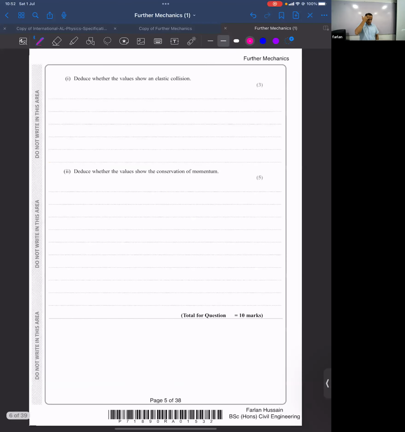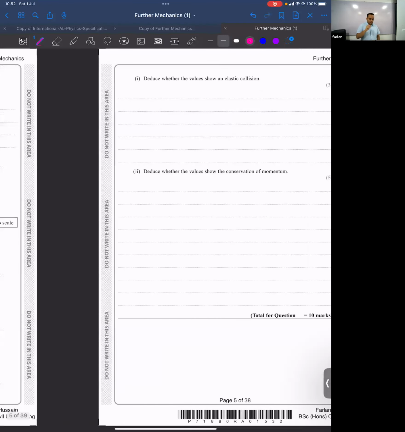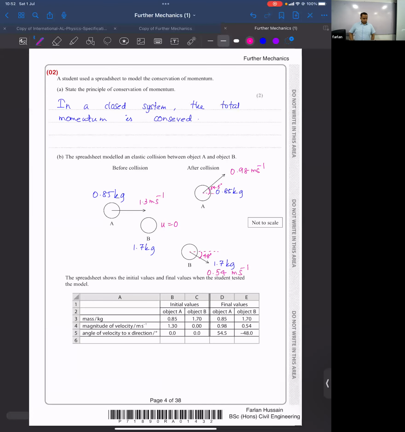Now the question is, deduce whether the values show an elastic collision. How do you do that? Calculate the total kinetic energy of the system before the collision, then calculate the total kinetic energy after the collision, and see whether they are equal.